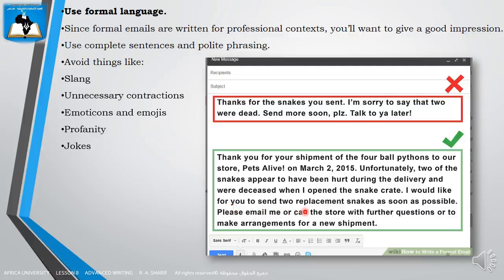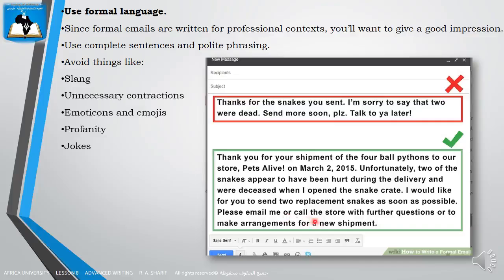I'd like for you to send 2 replacement snakes as soon as possible." You can abbreviate as soon as possible by using ASAP, the initial capital letter of each of these words.